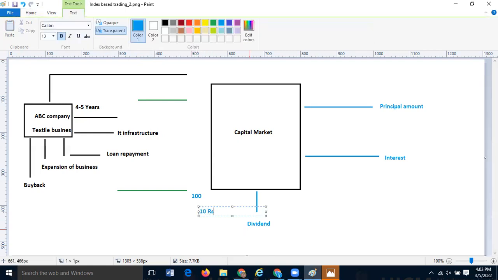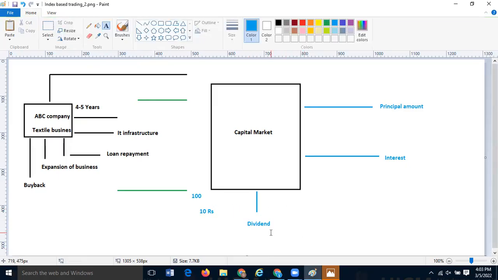It means 10 rupees. And if there are 10 people, then 10 divided by 10, it means 1 rupee each will be distributed. And this is also not compulsory. If they are running at a loss, then they do not need to pay dividend. So they do not have any additional burden on their head.